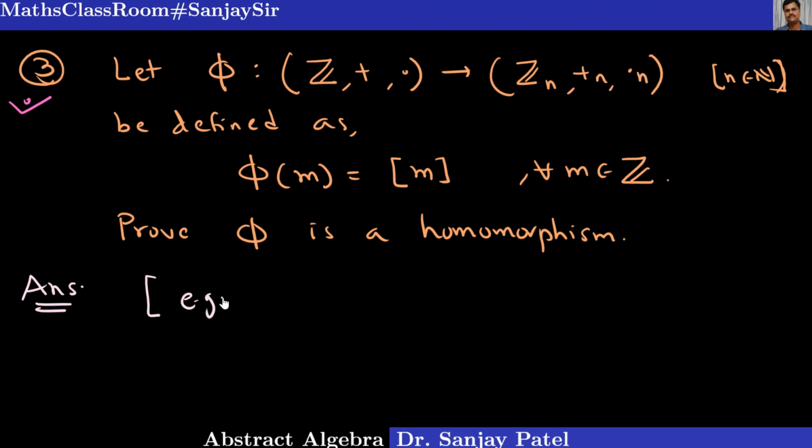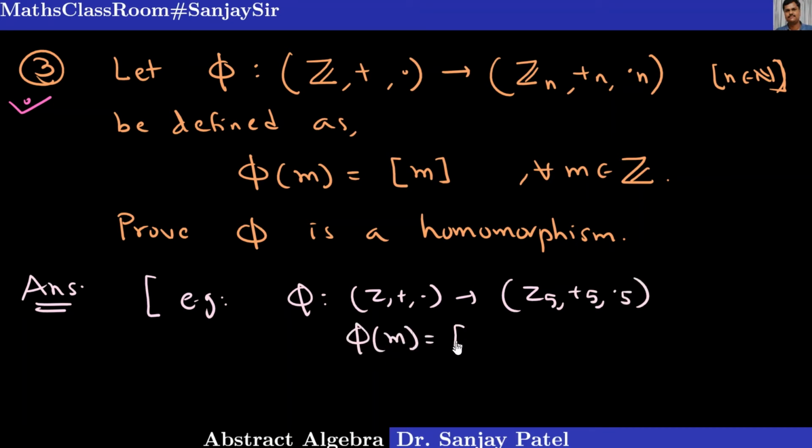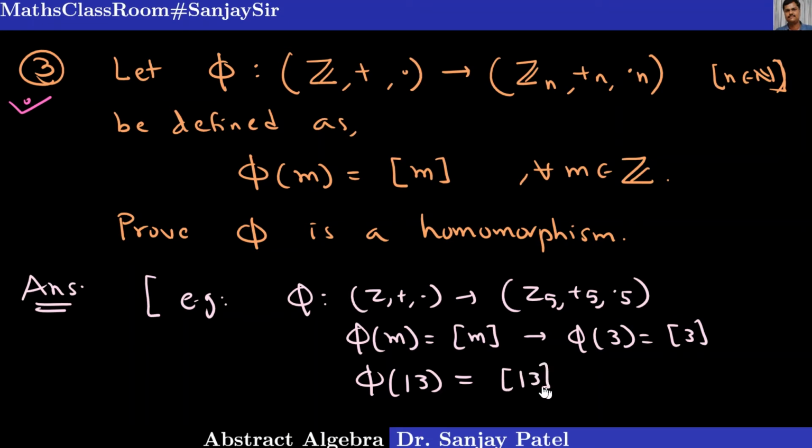For example, if we have a function phi from Z, plus, dot to say Z5, plus 5, dot 5, defined as phi of m is equal to the equivalence class of m, then for the integer 3, we get the equivalence class of 3. Okay, but if we have phi of say 13, for example, then this is equal to the equivalence class of 13. But you know that class 13 does not belong to Z5, so we write the equivalent form of this.